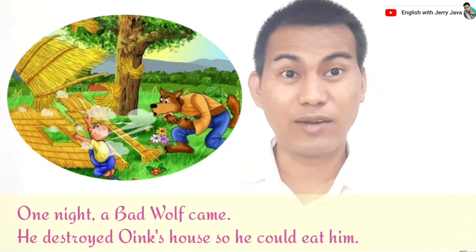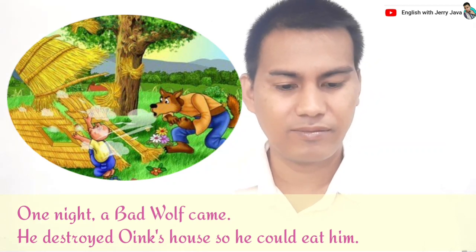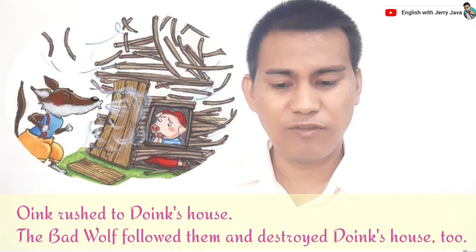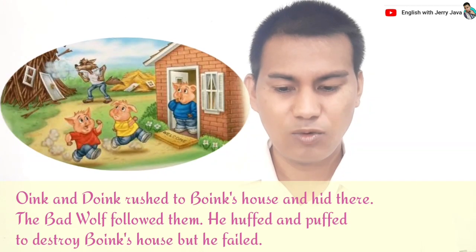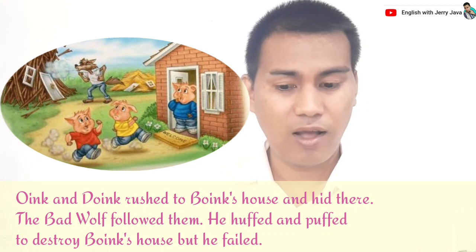One night, a bad wolf came. He destroyed Oink's house so he could eat him. Oink rushed to Doink's house. The bad wolf followed them and destroyed Doink's house too. Oink and Doink rushed to Boink's house and hid there. The bad wolf followed them.